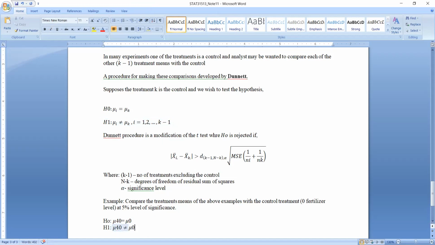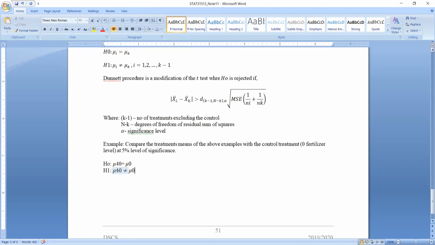So this will be the hypothesis that you are going to test, right? You can test whether mu 40 is equal to the control group, or there is any difference between these two treatments, that is the control group and level 40. So for that, you can use this Dunnett table calculation. I will show you how to do that.